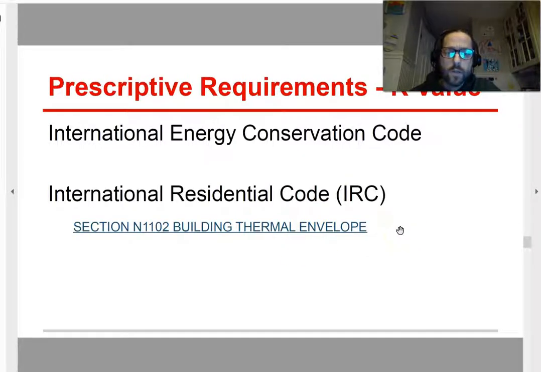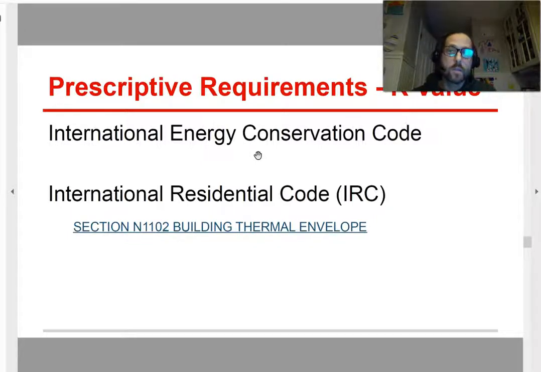Now there are standards for R values and U values in buildings. So the International Energy Conservation Code is a code that is propagated by this international body, and basically it's the best practices for efficient buildings: insulation levels and air sealing and water vapor barriers and things like that.